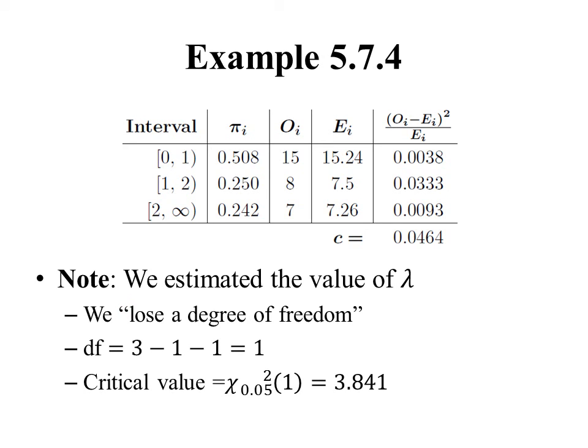So what that means is that originally we had the number of categories minus 1 degrees of freedom. But now because we lose a degree of freedom, we have to subtract another 1. So we only have 1 degree of freedom here instead of 2. And so our critical value is chi-squared sub 0.05 with 1 degree of freedom. If we look that up from our table, that comes out to be 3.841.